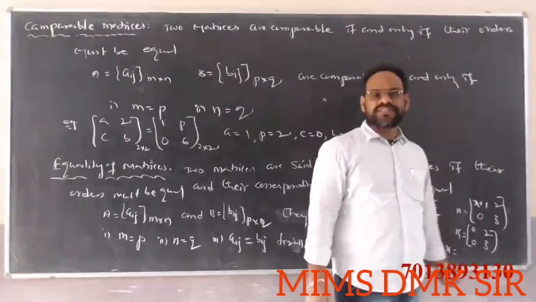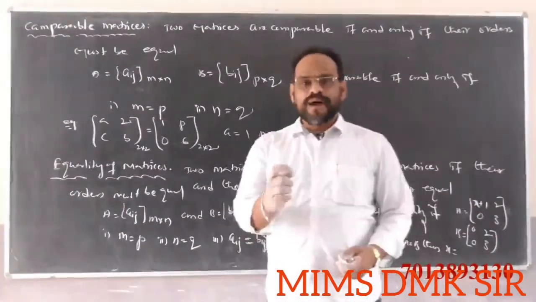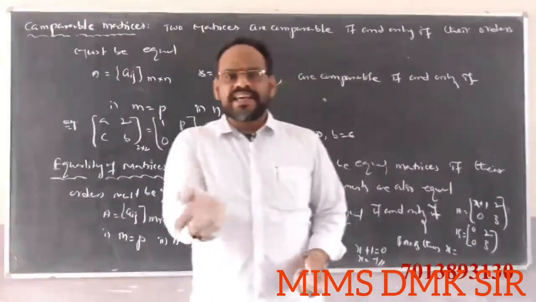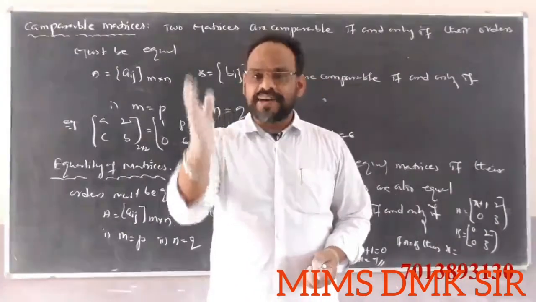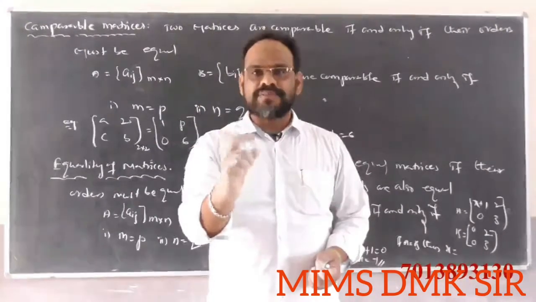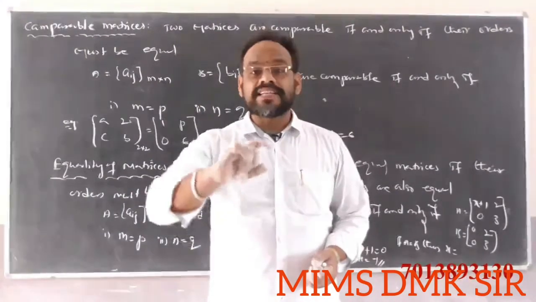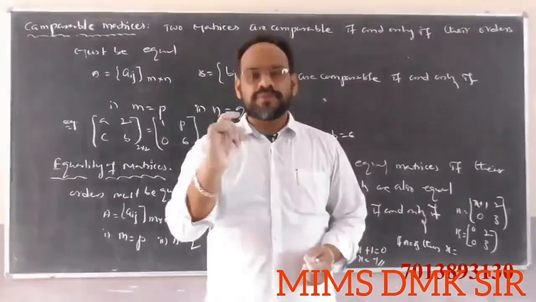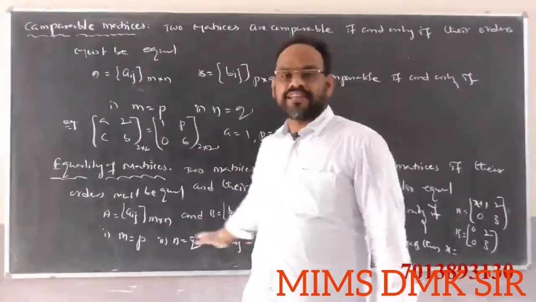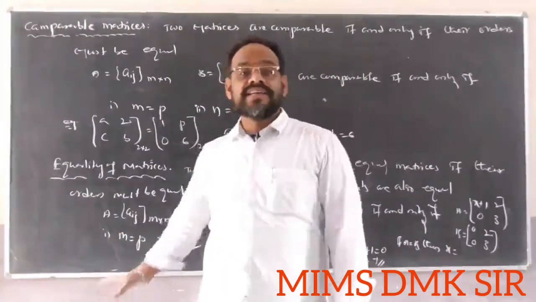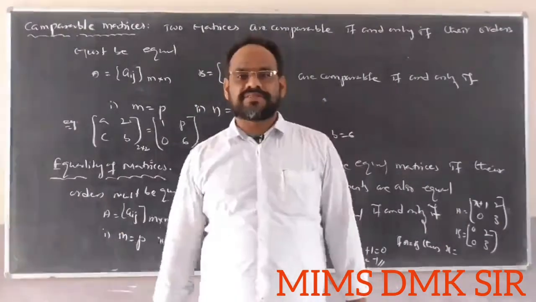Minus 1. So equality of two matrices means their orders must be equal and their corresponding elements also equal. Then only two matrices are said to be equal matrices.